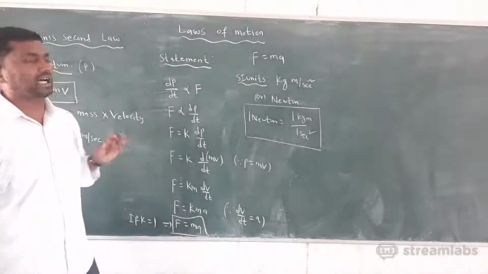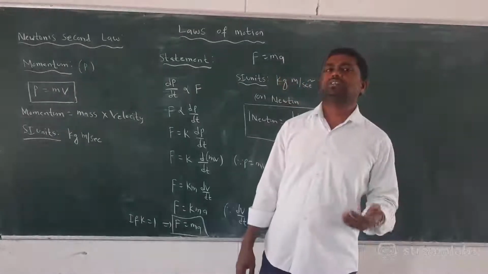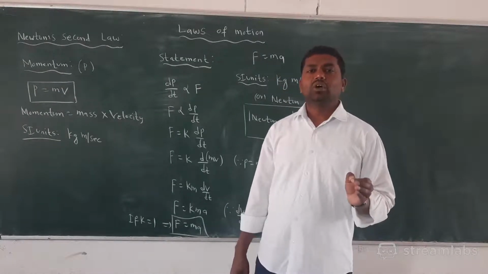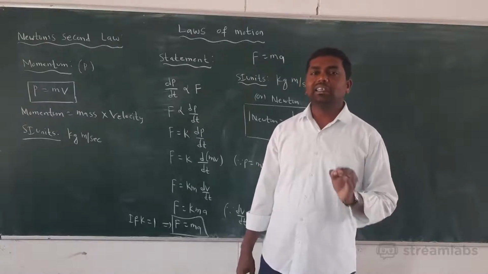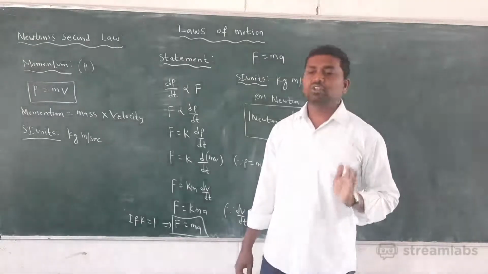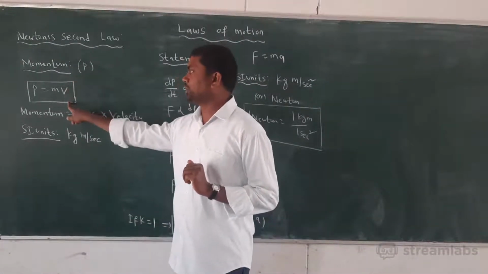This question is asked many times in the IB examination. The question will be asked like this: state or define Newton's second law and derive F is equal to ma. We write the definition of momentum and the principle.